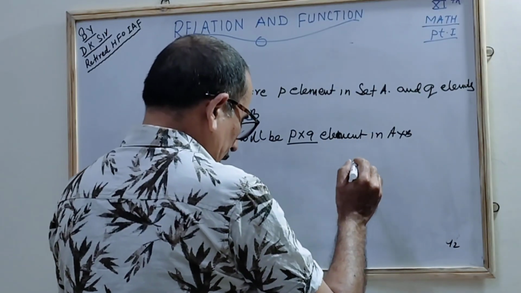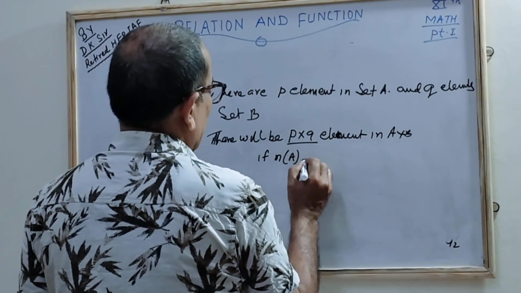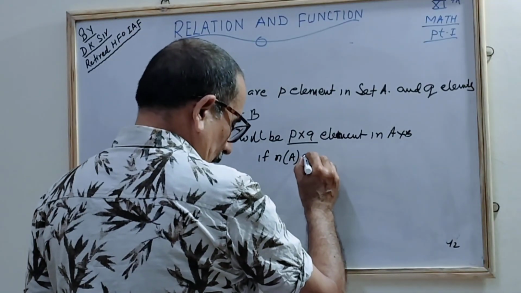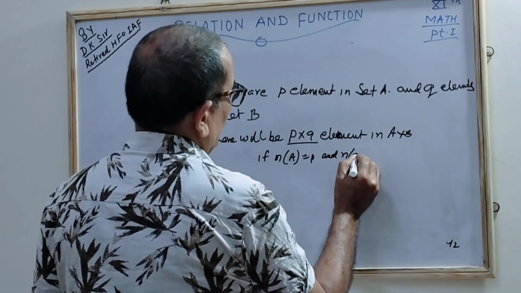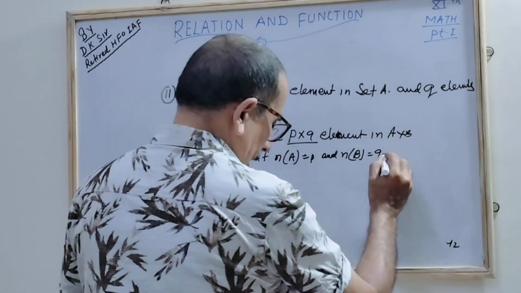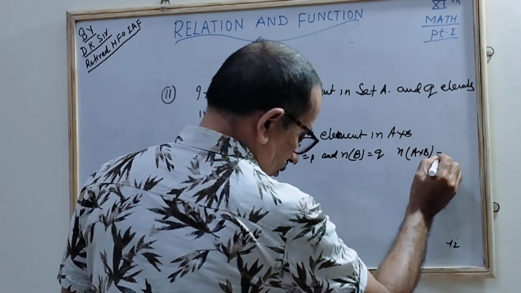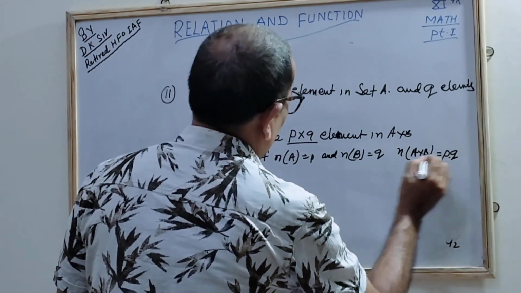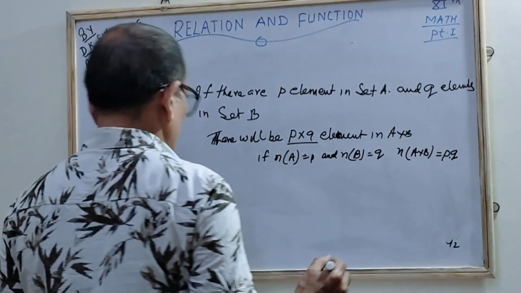If n of A is equal to P and n of B is equal to Q, then we can write n of A into B is equal to P into Q. Understood? This is all we have already discussed. Simply multiply the numbers, you will get it.